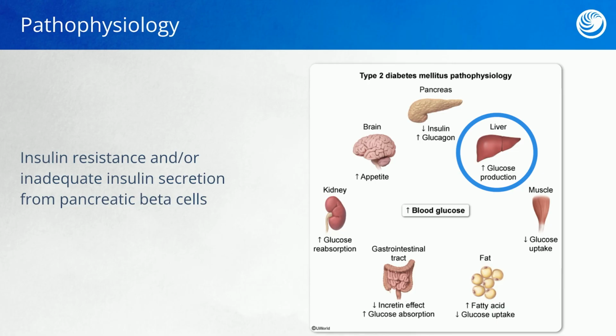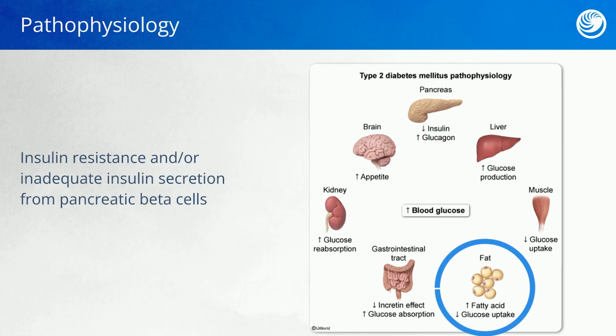The liver responds to the amount of glucose in the blood and will either release more or release less. The liver in type 2 diabetes is a little confused, and it doesn't know if it should release more or less, and generally releases too much glucose. Adipose tissue releases a certain type of cytokine, which will cause chronic inflammation and is linked to type 2 diabetes.